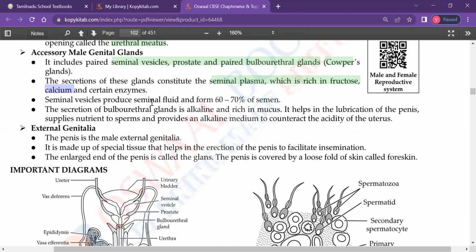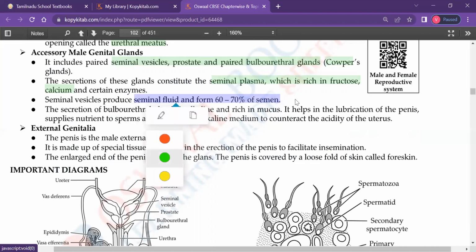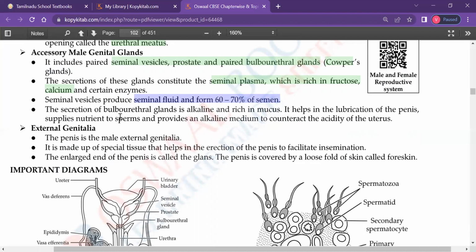Seminal vesicles produce seminal fluid and form 60 to 70% of semen. The secretion of the bulbourethral gland is alkaline and rich in mucus. It helps in lubrication of the penis, supplies nutrients to sperms, and provides an alkaline medium to counteract the acidity of the uterus.